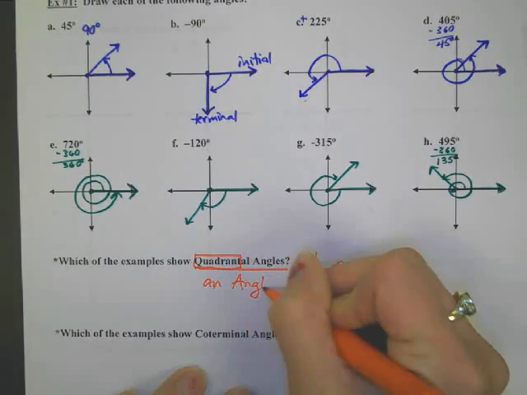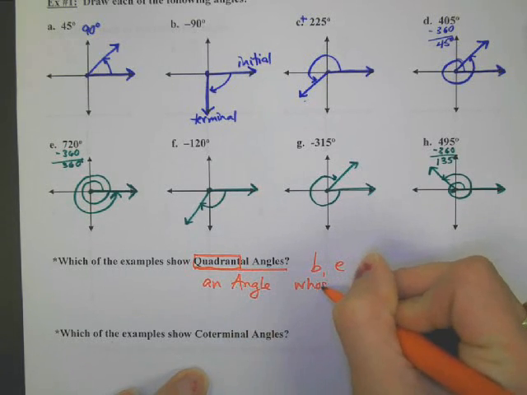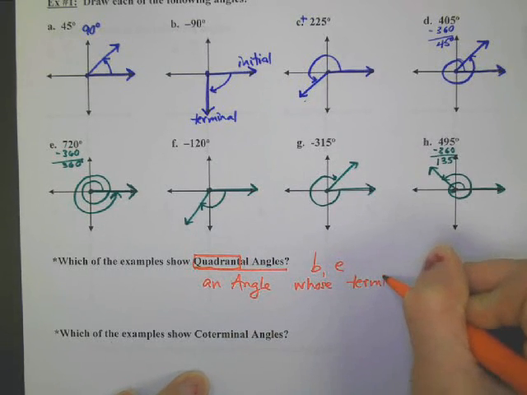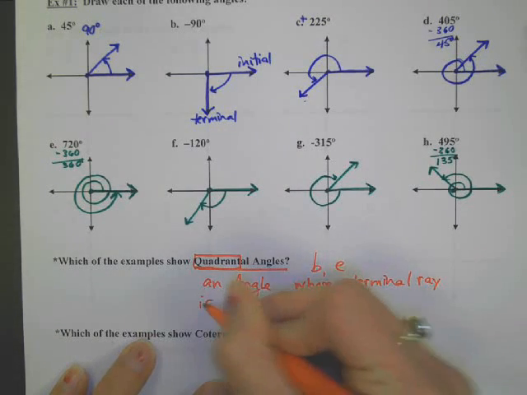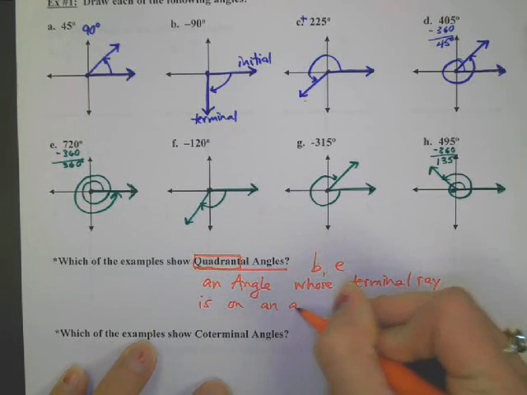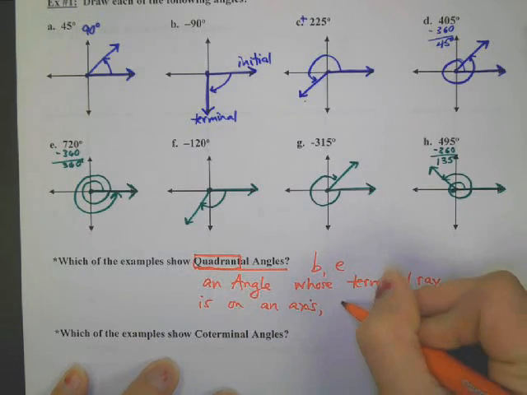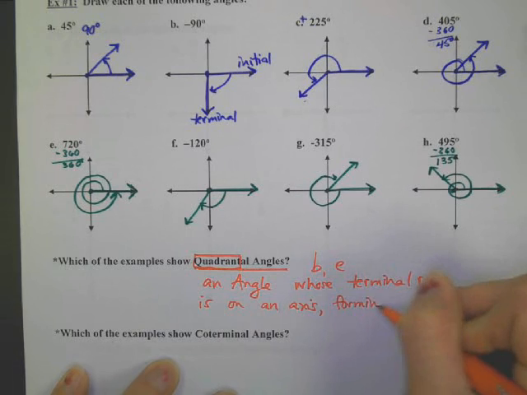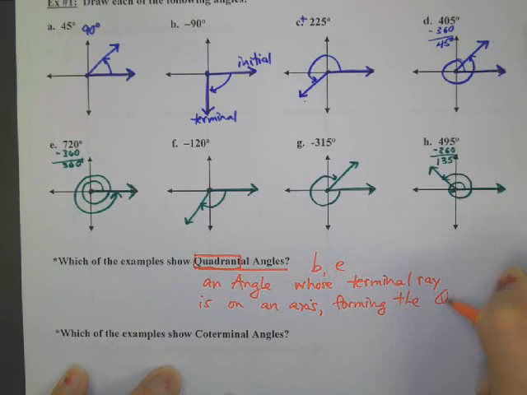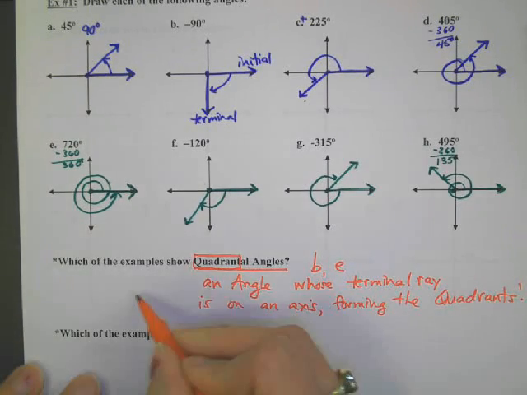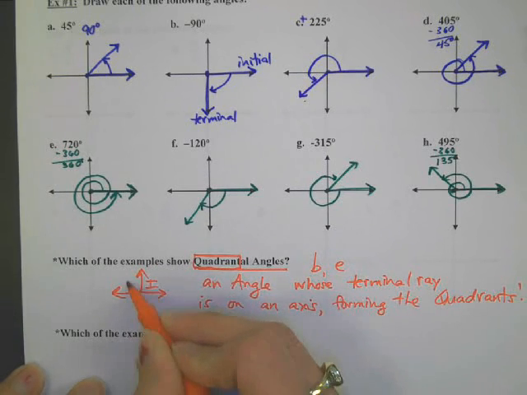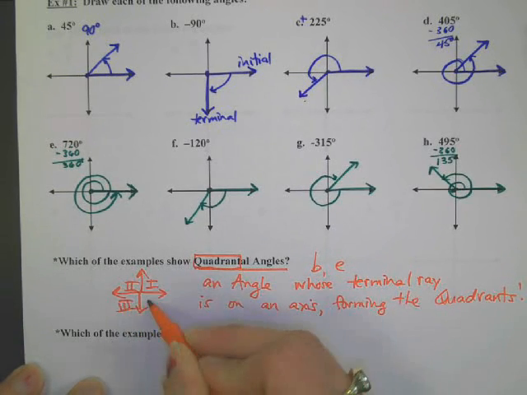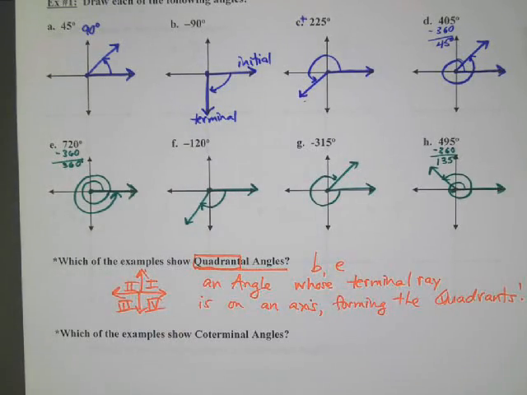An angle whose terminal ray is on an axis, forming the quadrants. So a quadrantal angle will stop there, or there, or there, or there, forming the 4 quadrants. If you stop on an axis, you're forming those 4 quadrants.